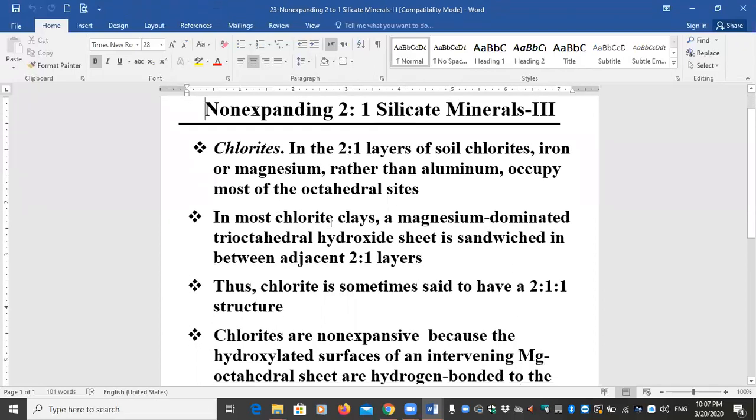In most chlorite clays, a magnesium-dominated trioctahedral hydroxide sheet is sandwiched in between adjacent 2 to 1 layers. So adjacent, side by side, next to each other. That means you have one layer or crystal unit and another crystal unit next to it. In between them, there is a magnesium-dominated trioctahedral sheet.